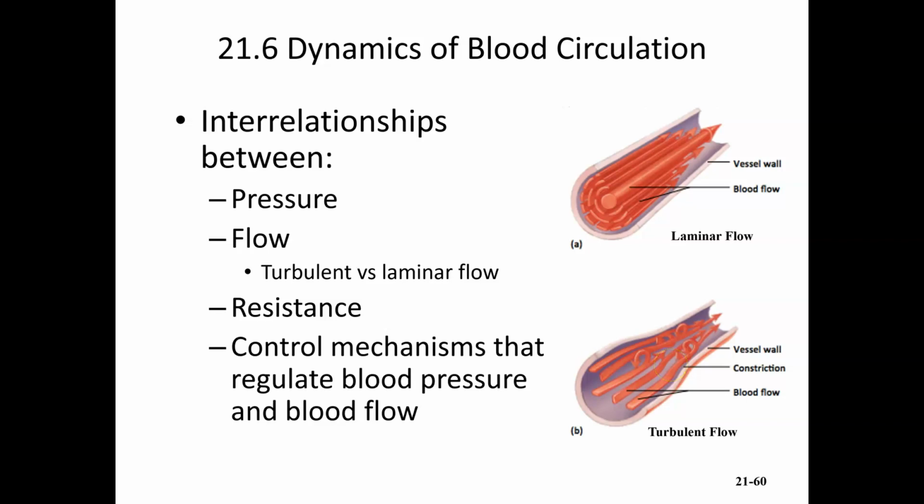This can happen when the flow exceeds a critical velocity, or when the fluid becomes constricted, like we said, if the river becomes more narrow, or there's a sharp turn, maybe a rock over here. If we're talking about the body, it would be a thrombus, or some type of rough surface if we have atherosclerosis.